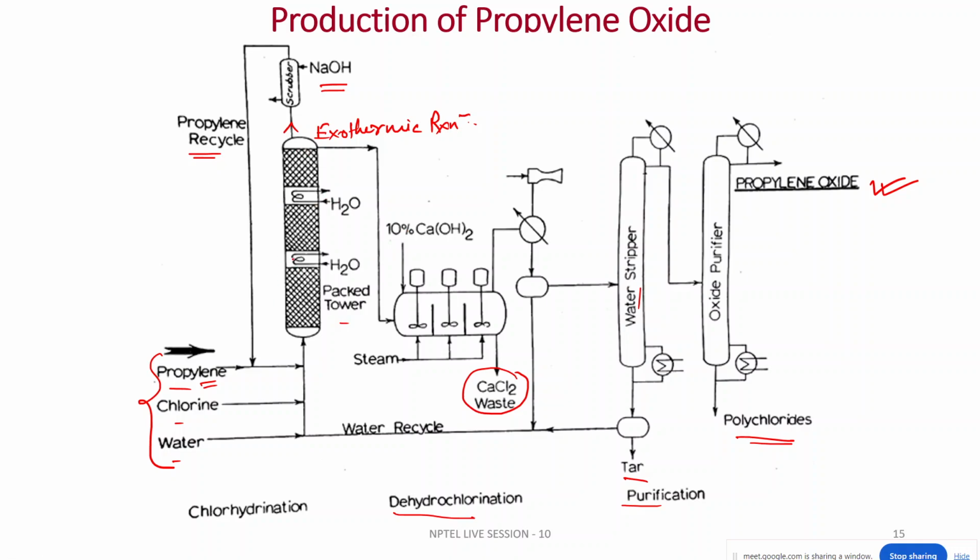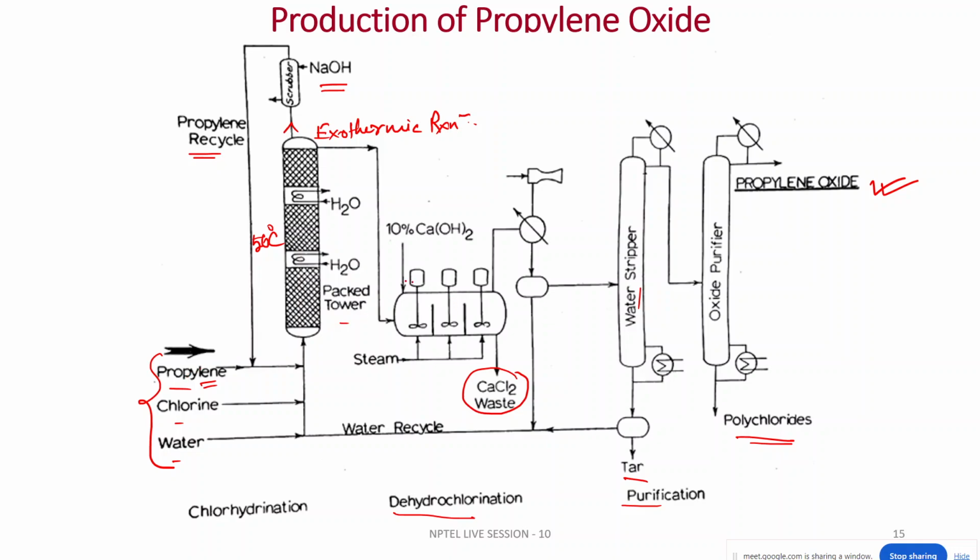In this reaction, the reaction temperature is maintained at 50 degrees Celsius. We need to take care that the chlorine and propylene ratio in the feed is chosen such that the liquid effluent contains 4 to 5% of the chlorohydrin that is produced out of these reactions.